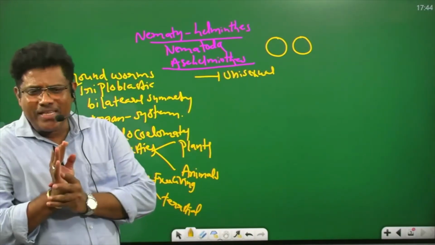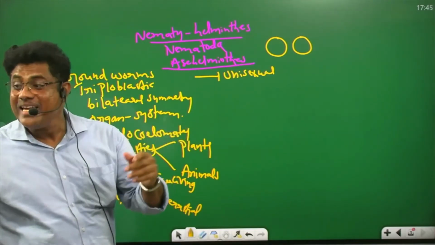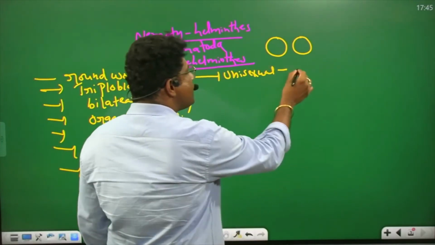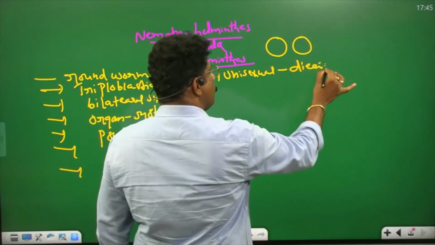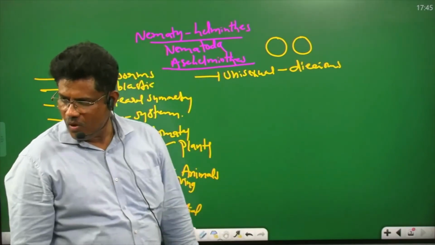Unisexual means male and female organisms are separate. Dioecious. So they are unisexual, dioecious organisms. Okay?